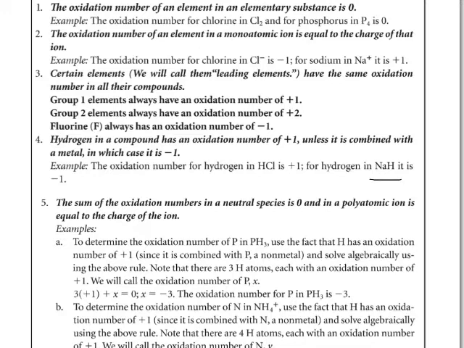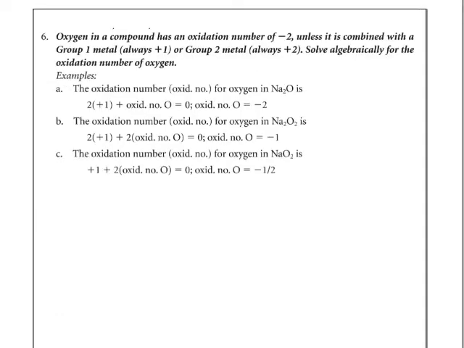The other thing is if you have a compound, and there's no charge on the compound, then the sum of the oxidation numbers has to equal 0, and that's covered in this rule. And if you have a polyatomic ion, then the sum of the oxidation numbers has to equal the charge on the ion. Contrary to what you might think by looking at these examples, oxygen is almost always -2.